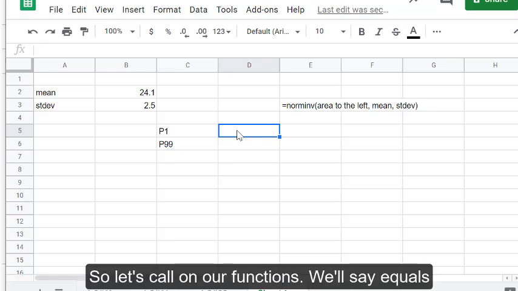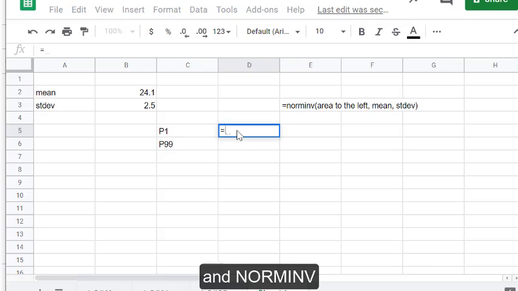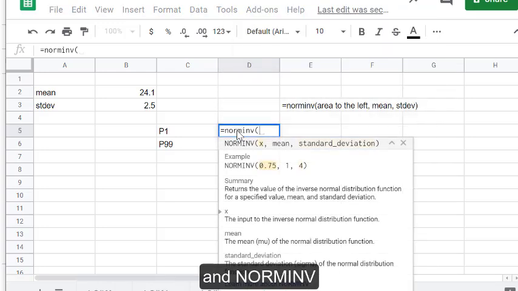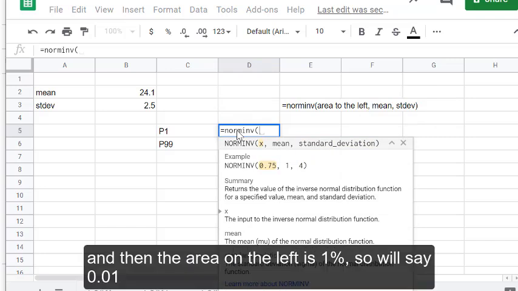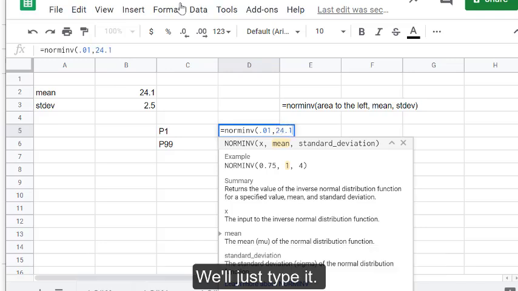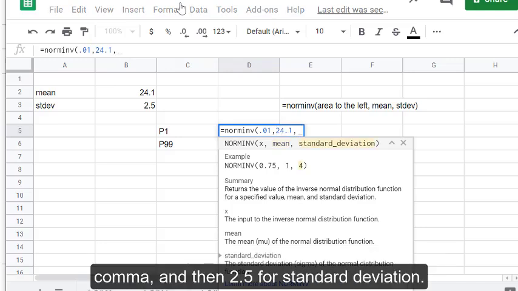So let's call on our functions. We'll say equals NORMINV, and then the area on the left is 1%, so we'll say 0.01, comma, we'll type in the mean, 24.1, comma, and then 2.5 for the standard deviation.